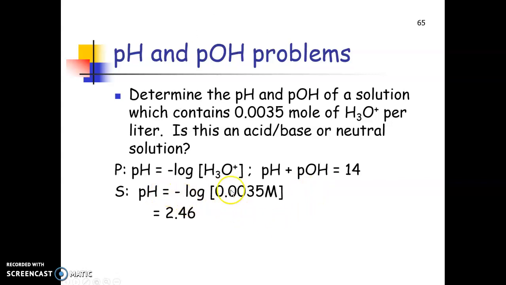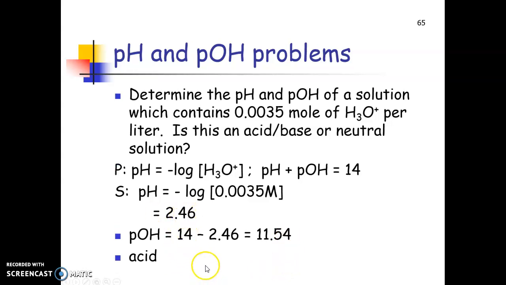So step 1 here, we'll find the pH, take the negative log of the hydrogen ion concentration, and then we'll subtract from 14 to get the pOH. And that would be an acid because it has a pH less than 7.